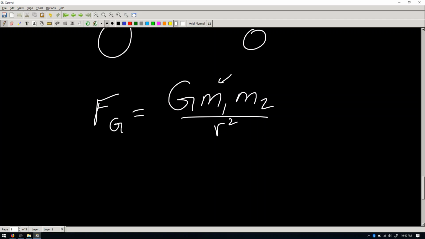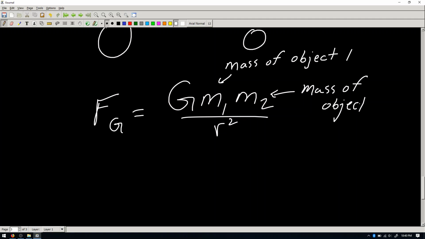This is the mass of object 1, the first object. This would then be the mass of object 2. R in this case, guys, is the separation distance between the two objects.